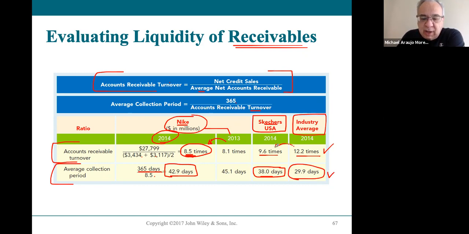Skechers compared to the industry is looking a little bit sketchy, if you ask me. And Nike is running behind on all of this here.